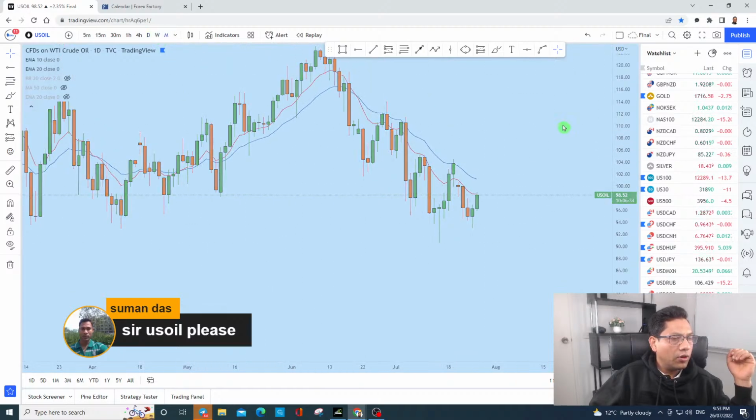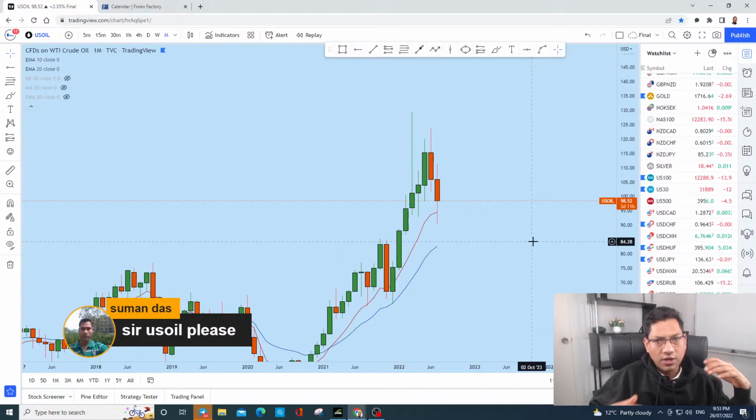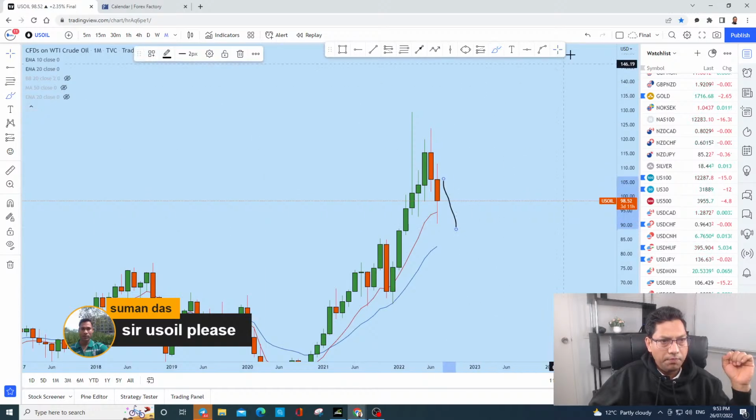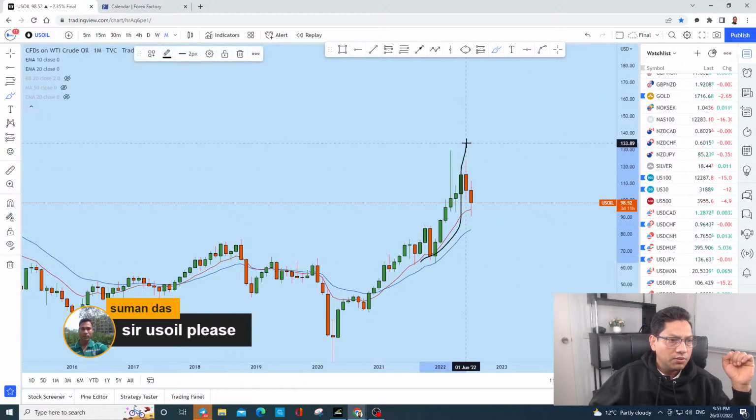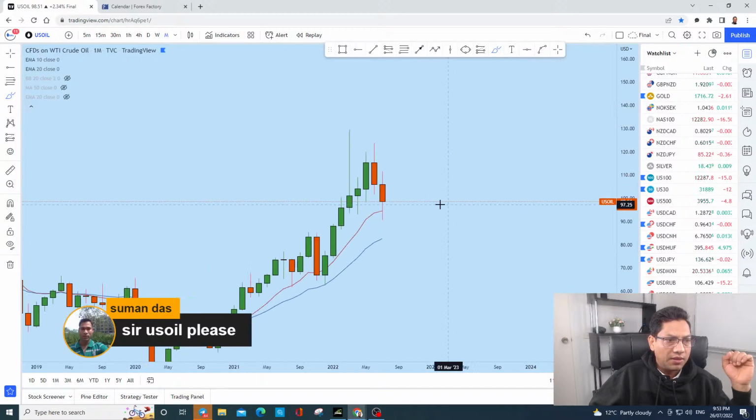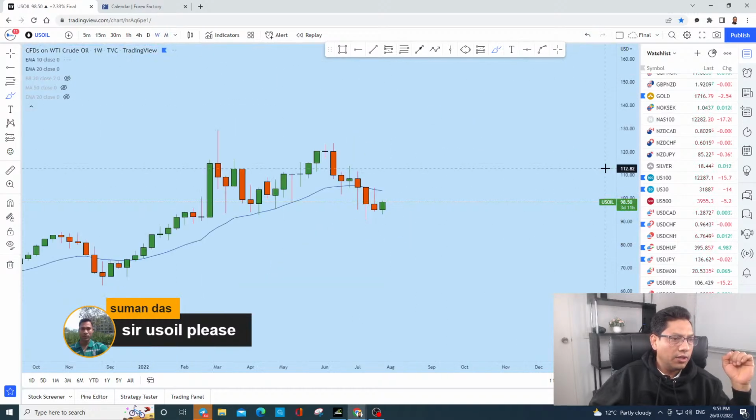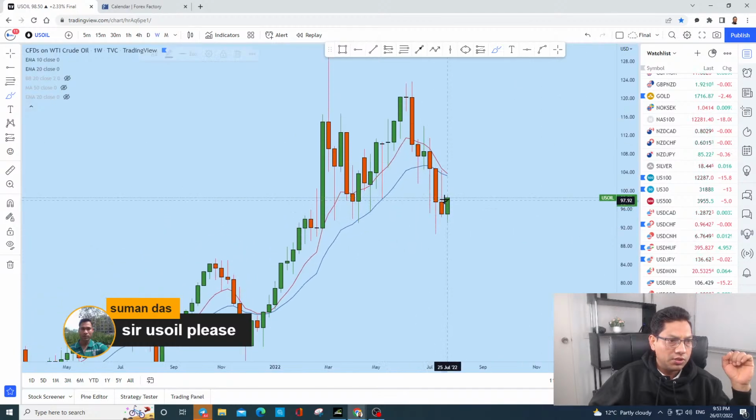If you look at the monthly, US oil is long-term bullish, it's an uptrend. Now this monthly candle is also a bearish candle. Long-term bullish, but back-to-back 2 months we have seen a retracement. This current monthly candle looks to me like it will close somewhere here, and then the other one might come down again. Looking at the weekly, after the previous week's drop, this week after coming down here, we see a push up, a retracement to the upside.